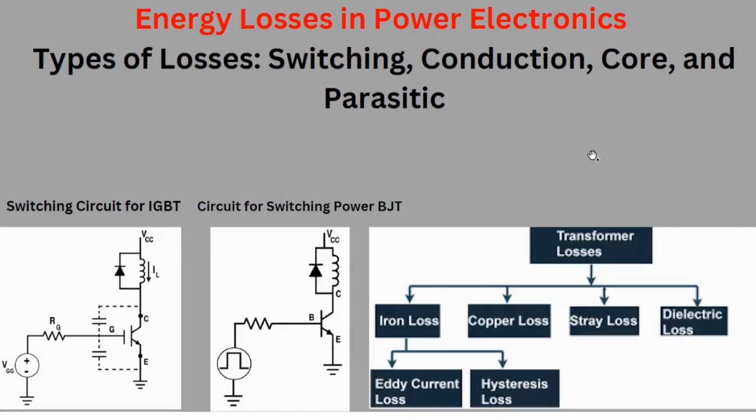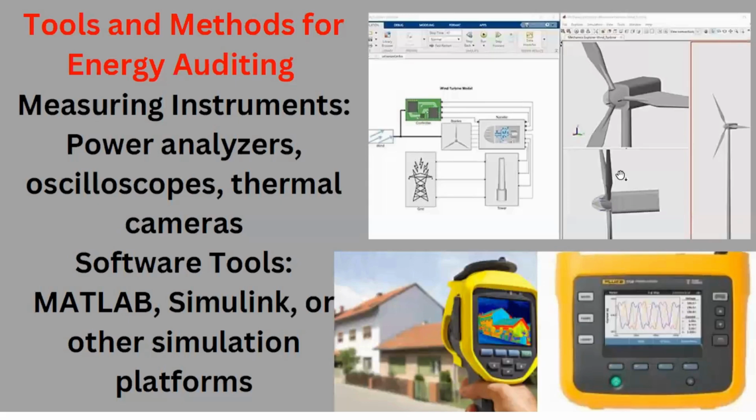All right, now we'll go to tools and methods of energy auditing. What are the different types of tools we use for energy measurement? When we talk about instruments, you use a power analyzer, which I've just shown you, that analyzes the power in different ways and different parameters.